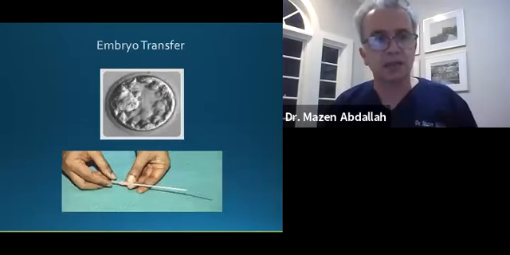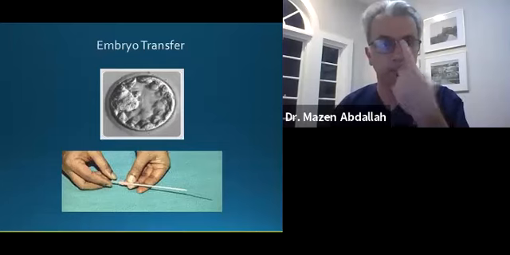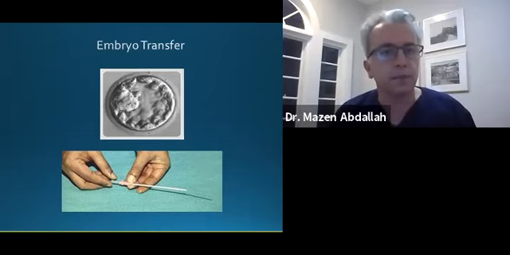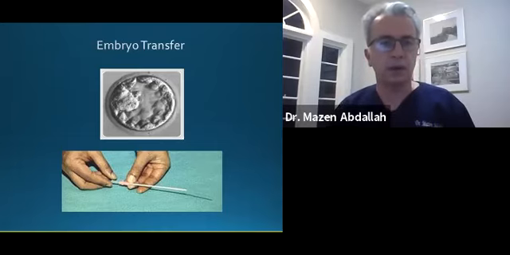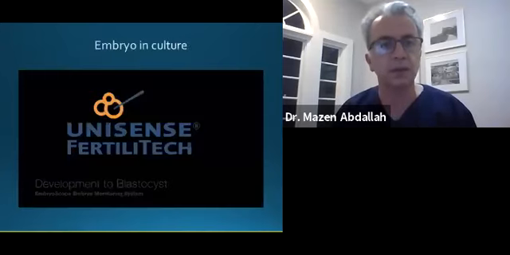The embryo transfer process is relatively simple. It's like a pap smear. We do it when the woman is awake, without any anesthesia, and it's very tolerable. Then we wait for the result in a couple of weeks. If pregnancy is achieved, we support it for the first 3 months, and then the woman continues with her OB/GYN like any other pregnant woman.